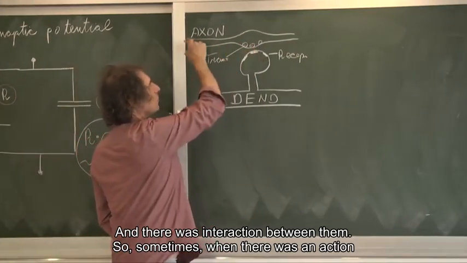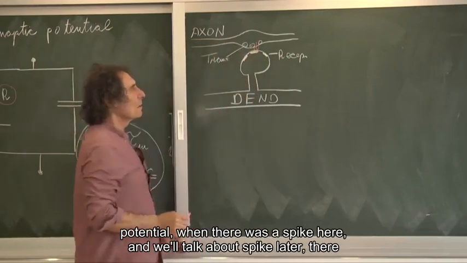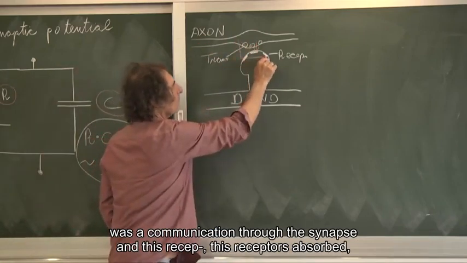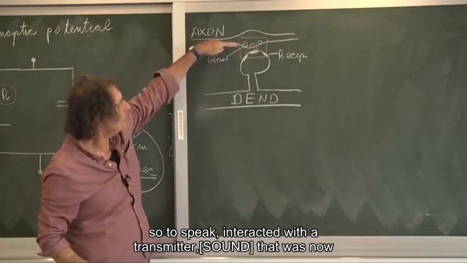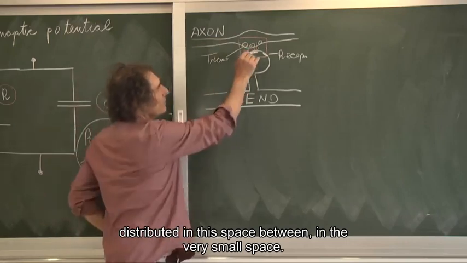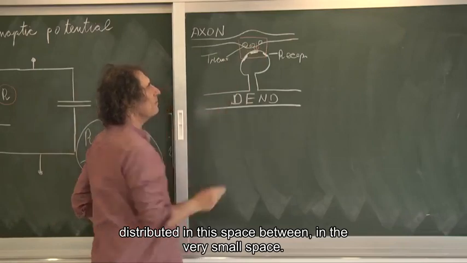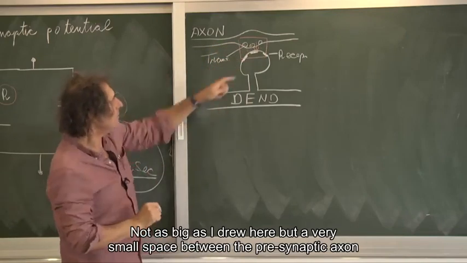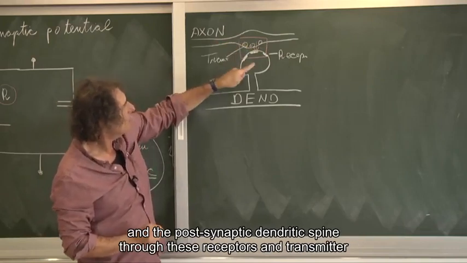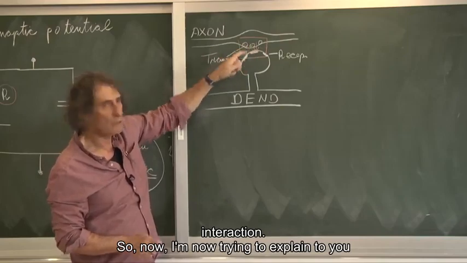So sometimes when there was an action potential, when there was a spike here, and we'll talk about spikes later, there was a communication through the synapse. And these receptors interacted with a transmitter that was now distributed in the space between, in the very small space, not as big as I drew here, but a very small space between the presynaptic axon and the postsynaptic dendritic spine, through these receptor and transmitter interactions.